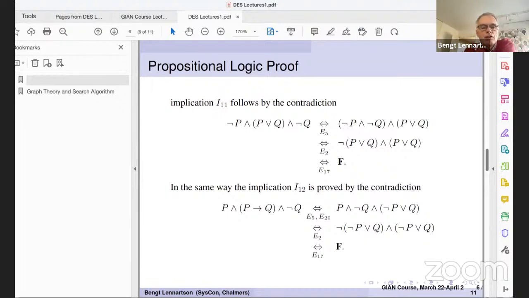And in this case, I should show that this statement implies S or Q in the end. That can be done in the way I show you down here. First I have an implication 2, which probably means that P and Q implies Q. And then you get this expression.